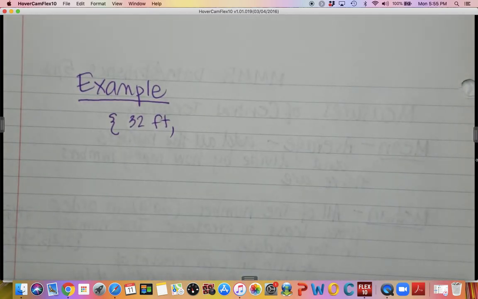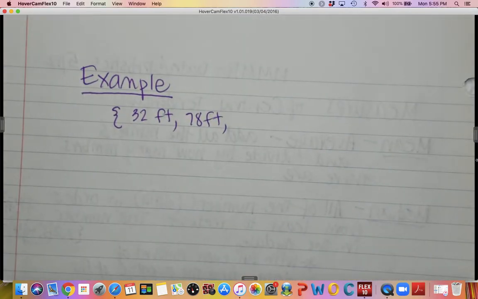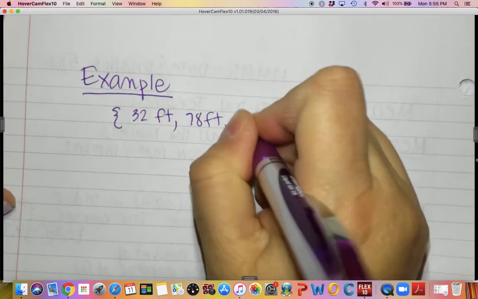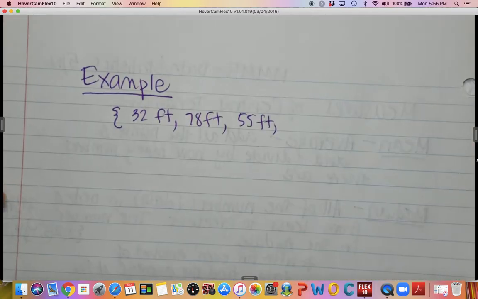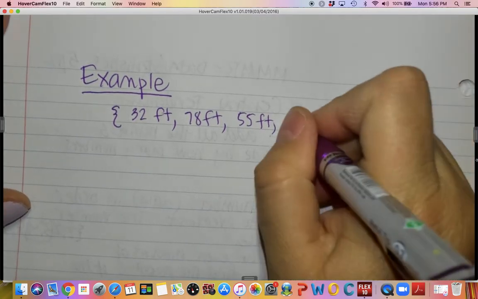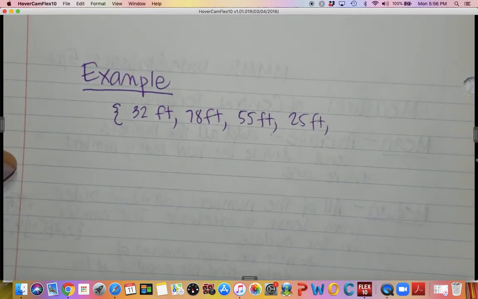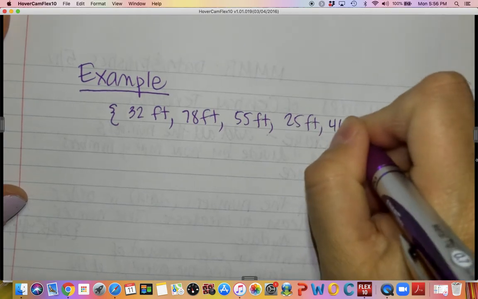So 32 feet, 78 feet, 55 feet, 25 feet, and 46 feet.